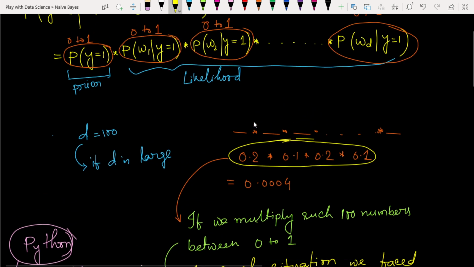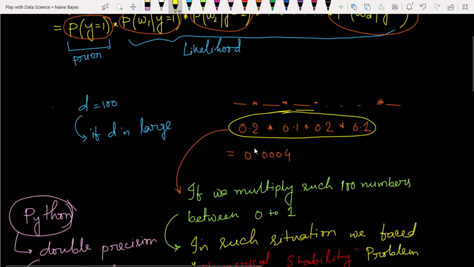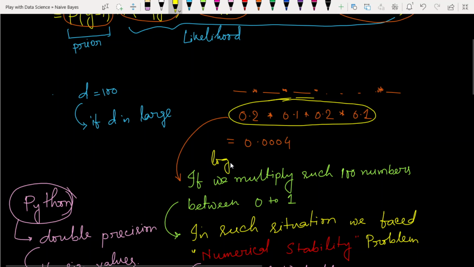So instead of taking the multiplications, if we use the log function here, the log of this value, log of 0.0004, will be something like minus 2.23979.